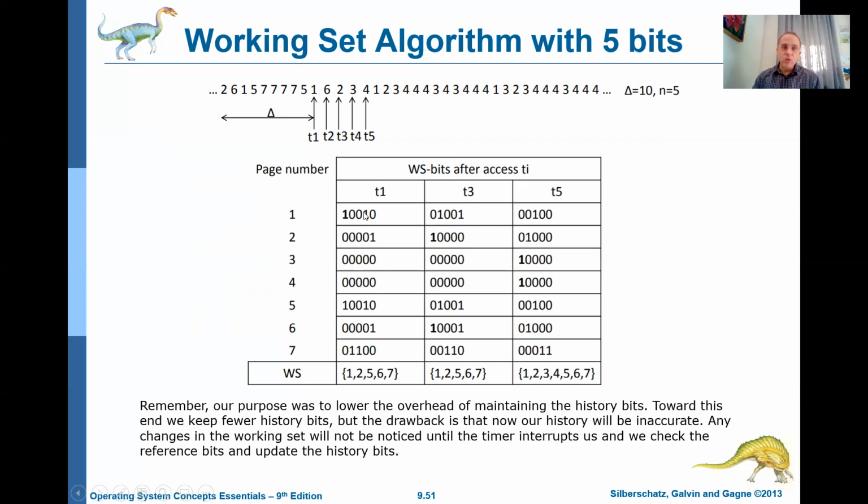Because we have 5 bits, that means we're looking back 2 units of time. Every bit represents what happened in an interval between clock timer timeouts, between the interrupts.